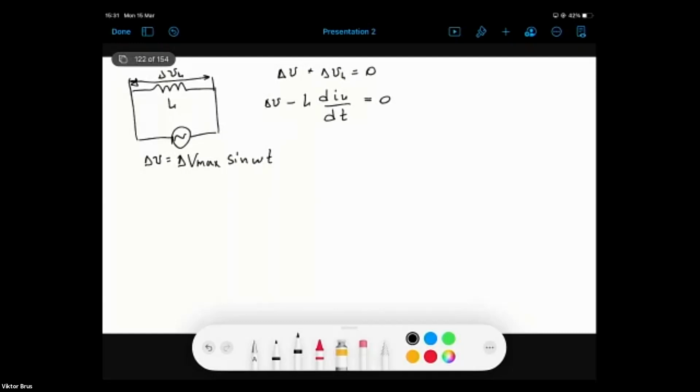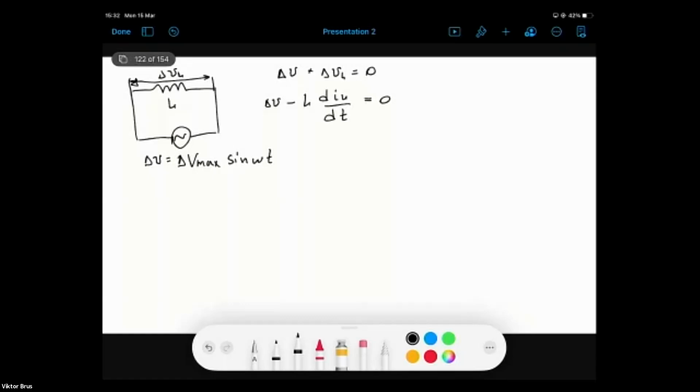According to Faraday's law, the voltage drop over the inductor is defined by the rate of change of electric current flowing through this inductor times the proportionality coefficient, which is the inductance of the inductor L. And actually this instantaneous current IL is what we want to calculate.